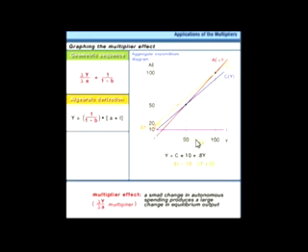So in this particular case, our multiplier is going to be equal to 5. Well, look, that's exactly what happened. We increased income by 50 after we increased investment by 10. So the ratio of this change in equilibrium income, 50, to the change in investment spending, 10, is 5.